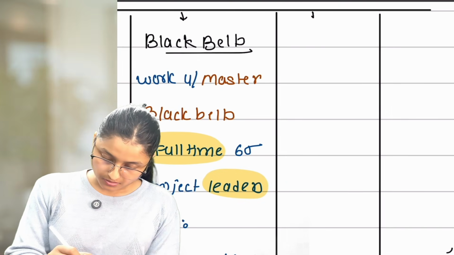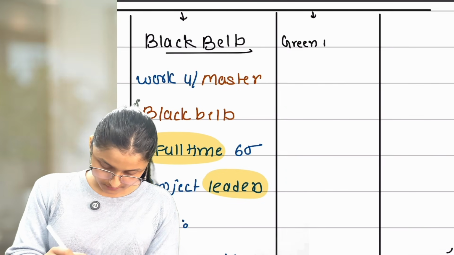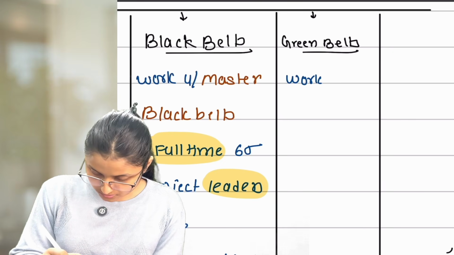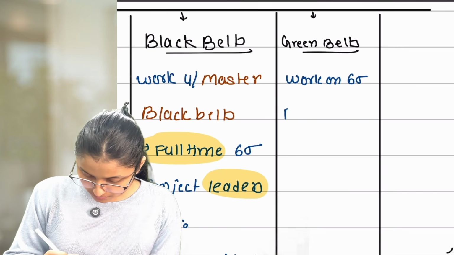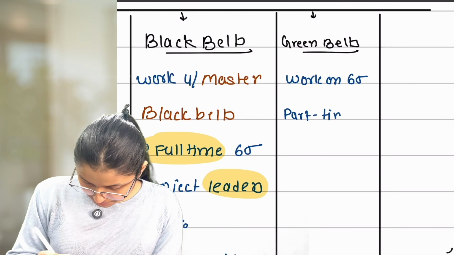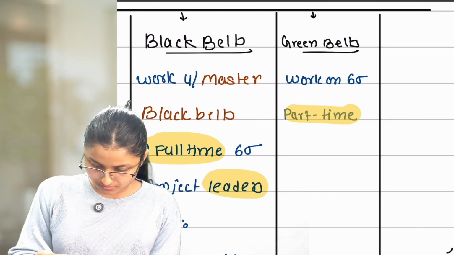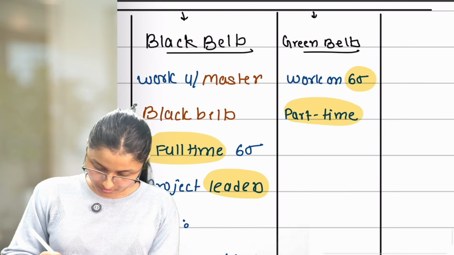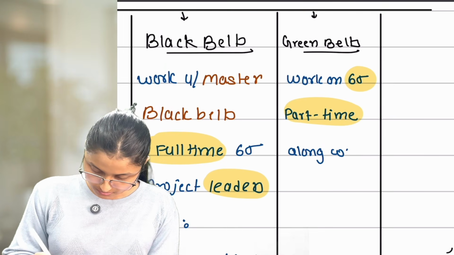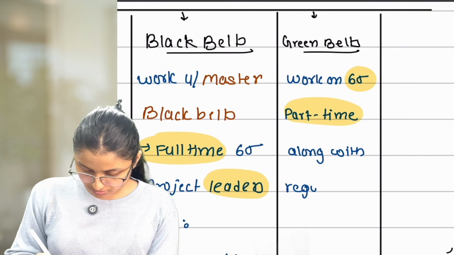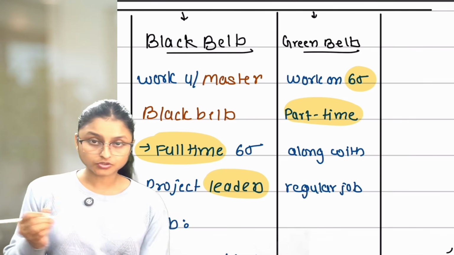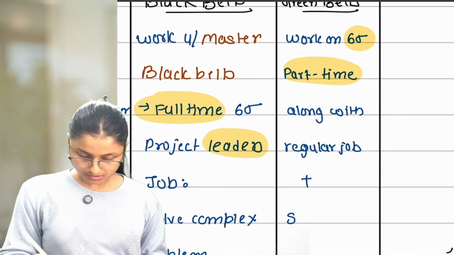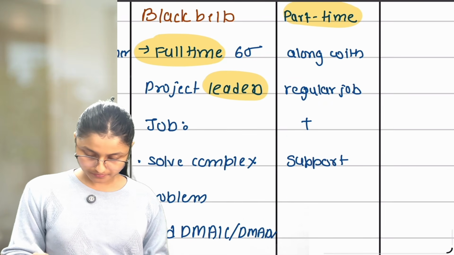Next comes green belts. They work on Six Sigma part-time. They are part-time Six Sigma workers along with their regular job. So regularly they are doing other jobs in the organization, but part-time they also help Six Sigma black belts. Support black belts.